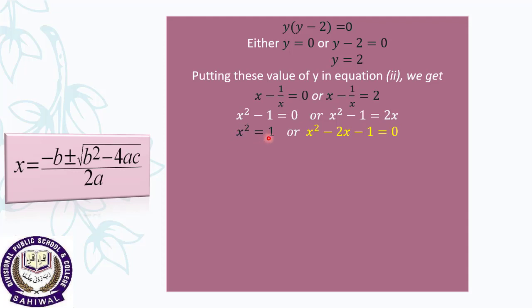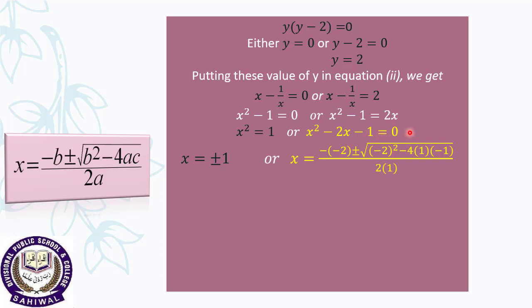So x square is equal to 1 and x square minus 2x minus 1 equal to 0. x square equal to 1 can be solved by taking square root on both sides and we get x is equal to plus minus 1.